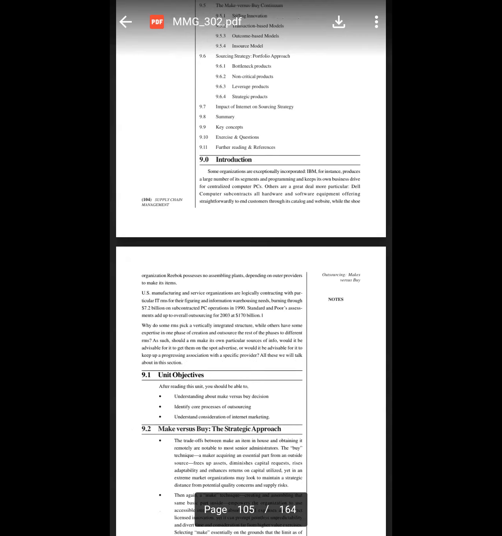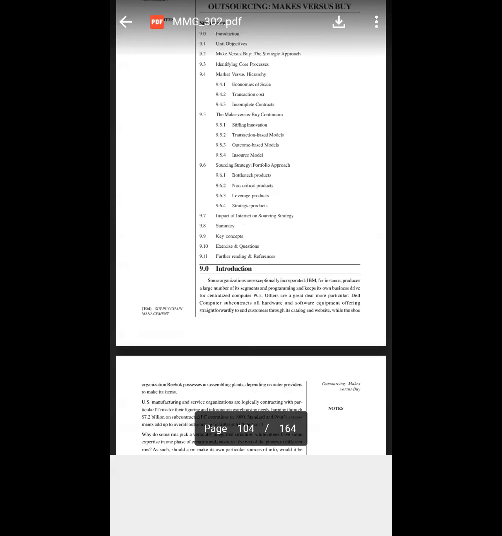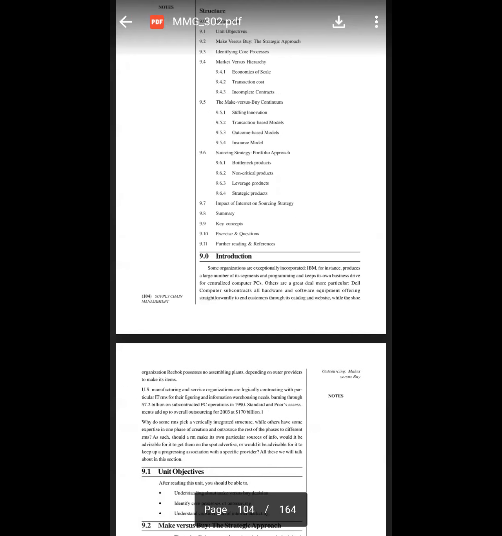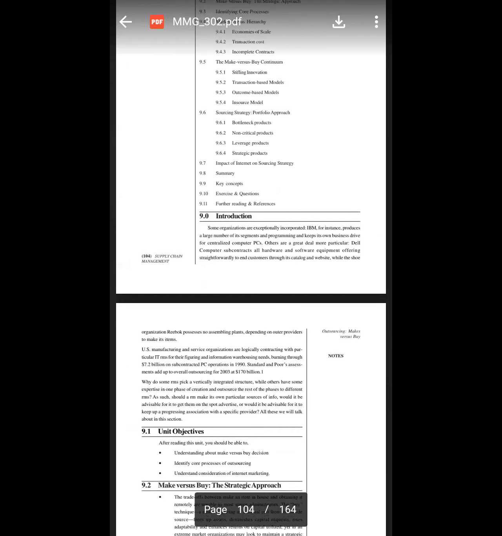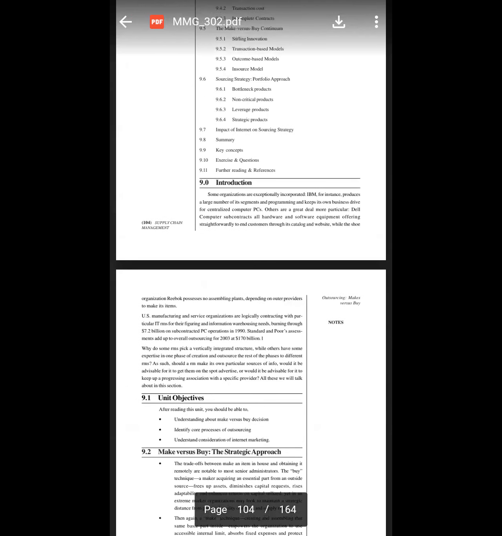In your first introductory chapter, they are talking about the market, how the market works, and how companies respond to the market.